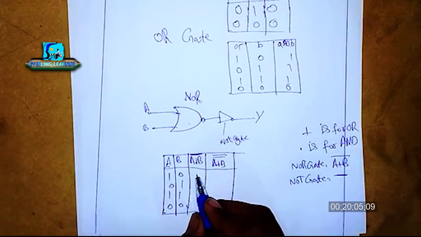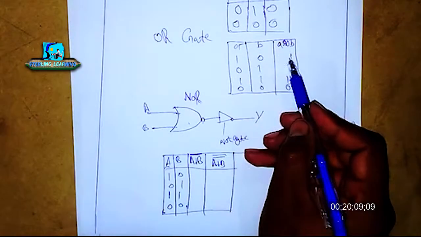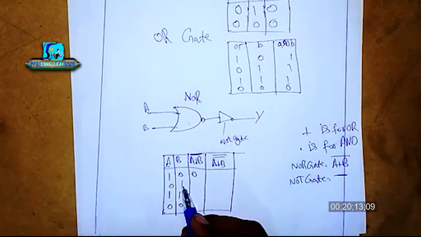A plus B, A or B, is 1 1 1 0, and bar gives 0 0 0 1.